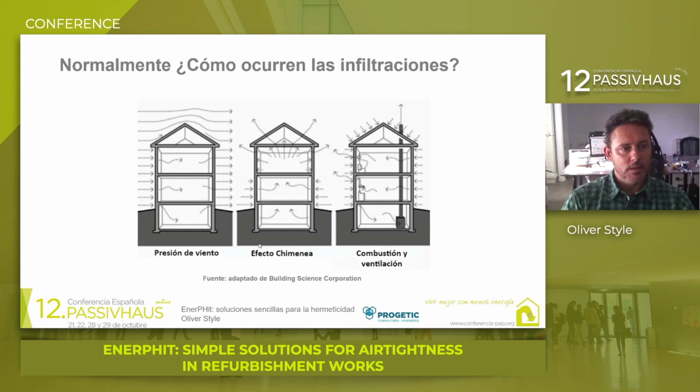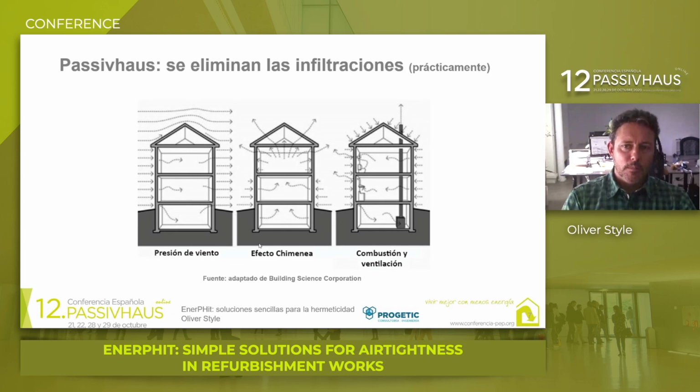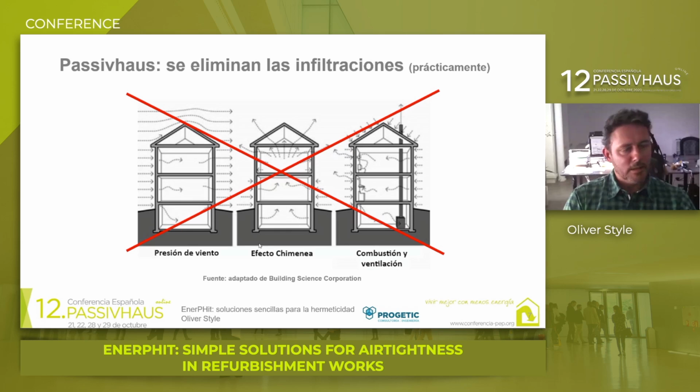The airflow that these fans have to extract has to come in somewhere, so it enters through cracks or fissures in the building. And in passive house, we practically eliminate these infiltrations.